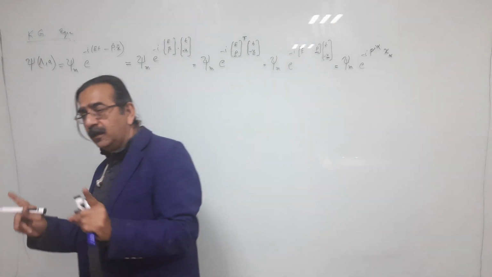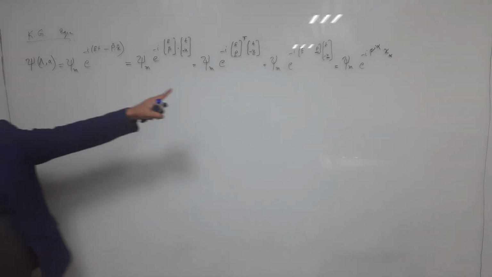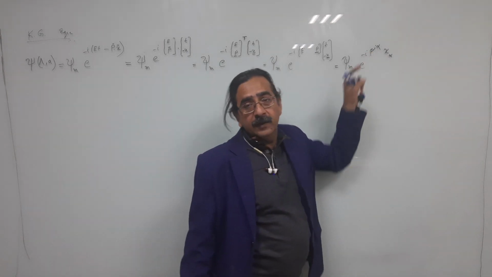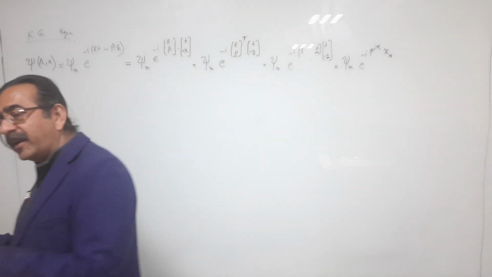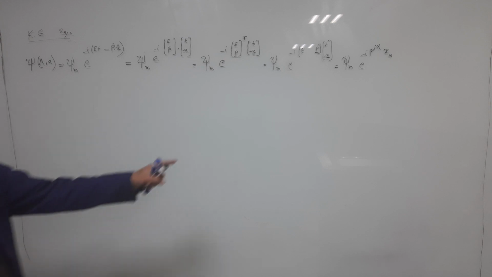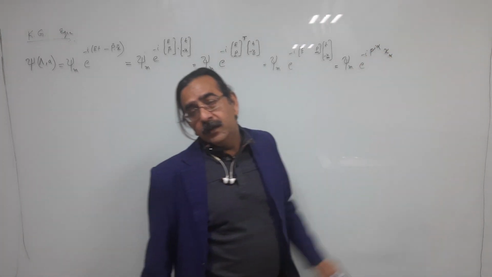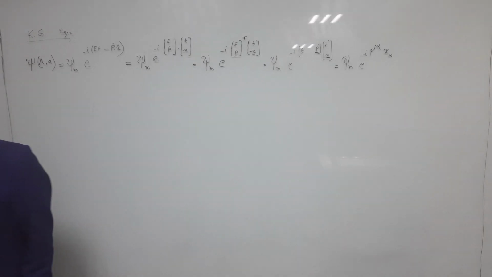Both are true tensor indices, and both are contracting, so there are no free indices. Alpha is contracting with alpha, so this is Lorentz invariant.